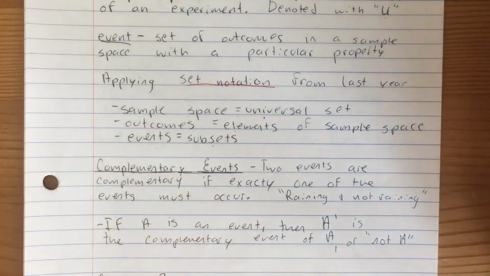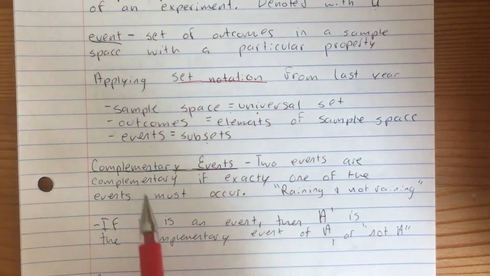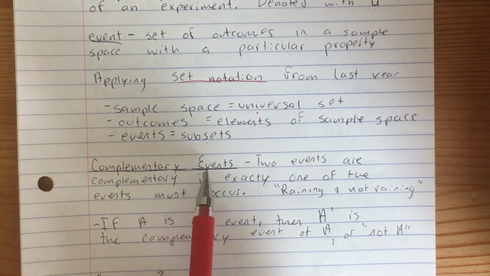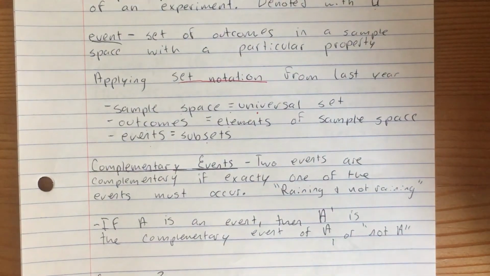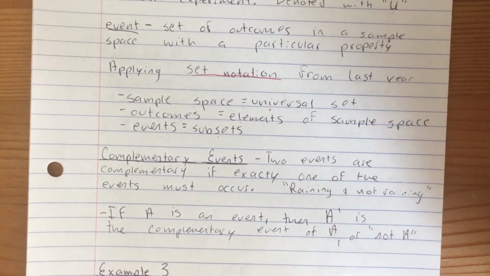Now, some more vocabulary that we've got here. We've got things that are called complementary events, and a set of complementary events are two events where exactly one of them can occur. So an example that I always use is that wherever you're at right now, it is either raining or it is not raining.